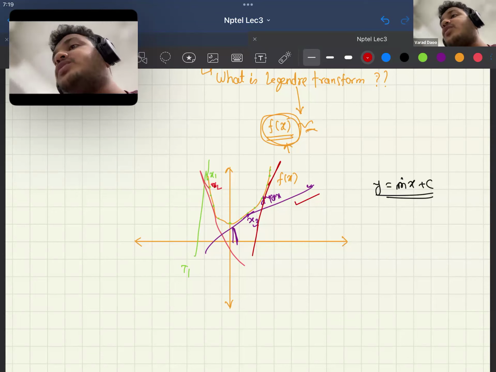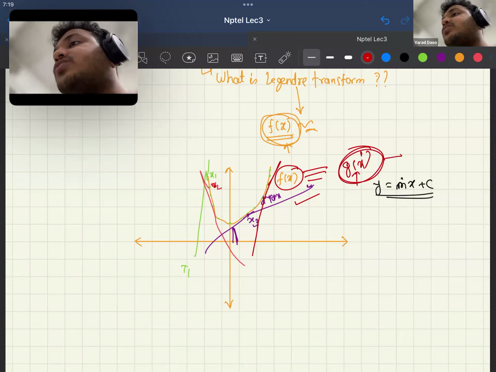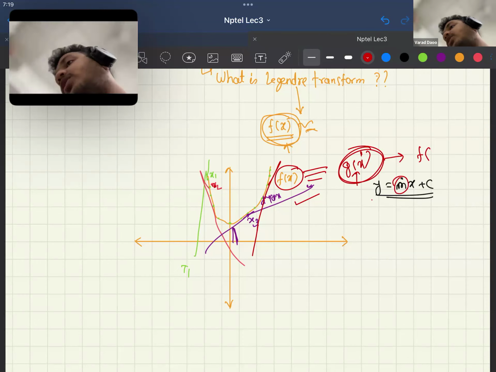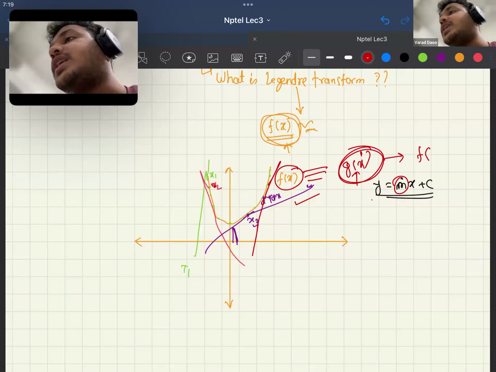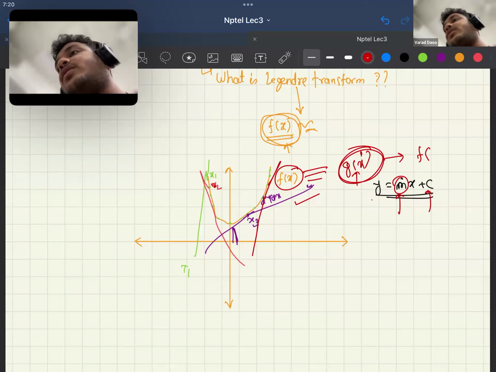It transforms my f of x to some other g of x, or g of some x dash, such that this g dash x is expressed in terms of this. These are nothing but the family of tangent lines drawn at each point, and this family of lines is going to have two parameters, which are the slope of the line and the intercept.